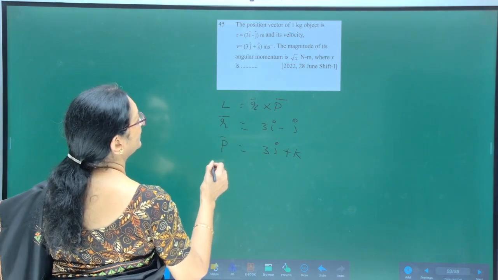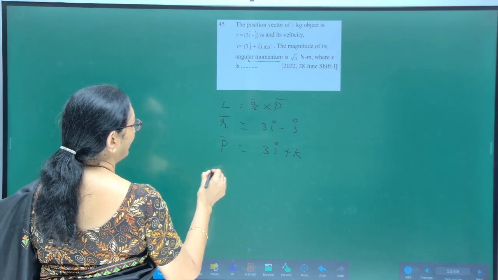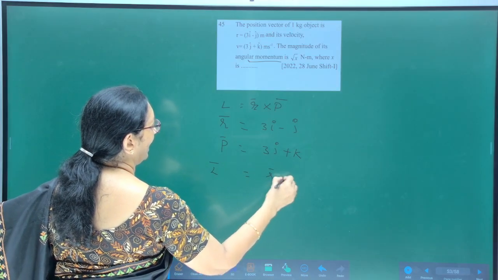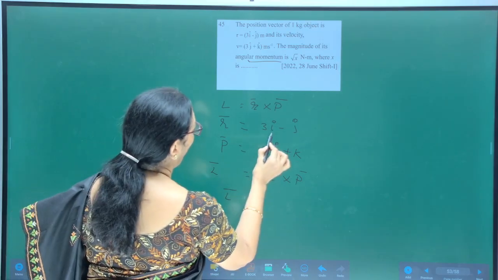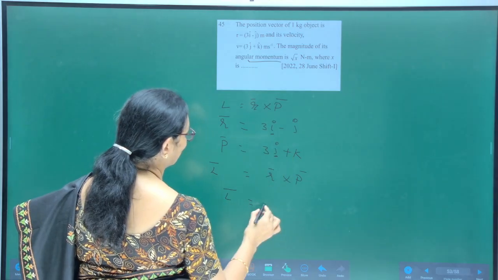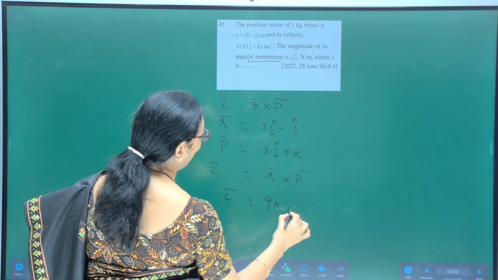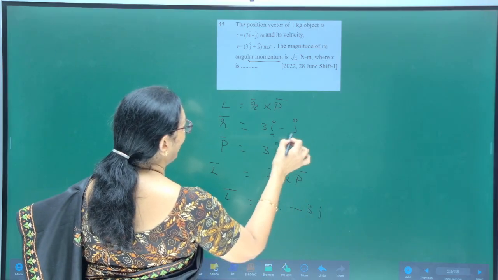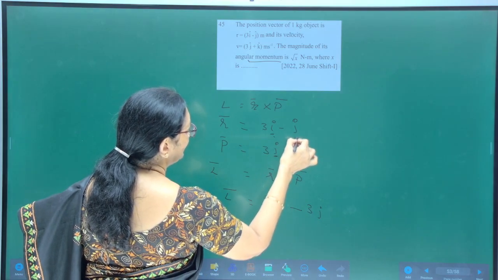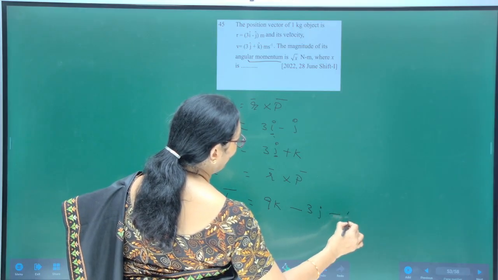So, you are supposed to find angular momentum magnitude. In the vector form, it is just r cross p. Let us take the cross product. i cross j is k, it is 9k. i cross k is minus j, so minus 3j. j cross j is 0, j cross k is i, so it is minus i.